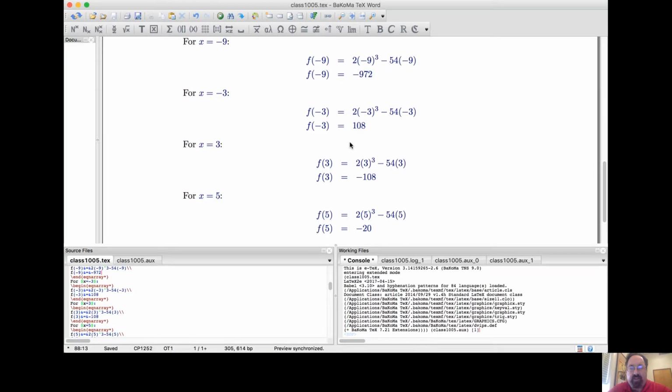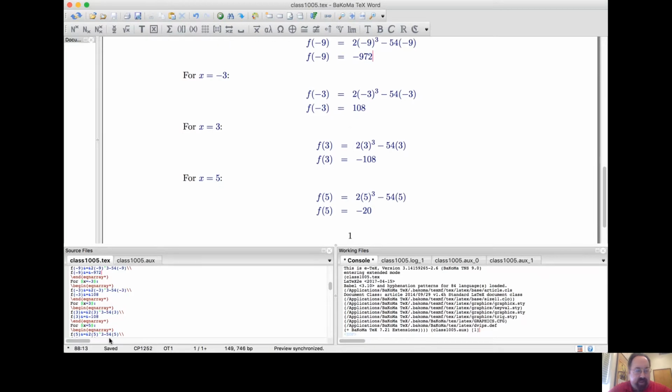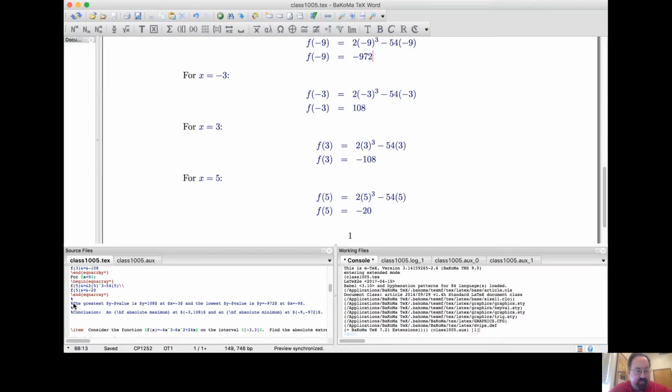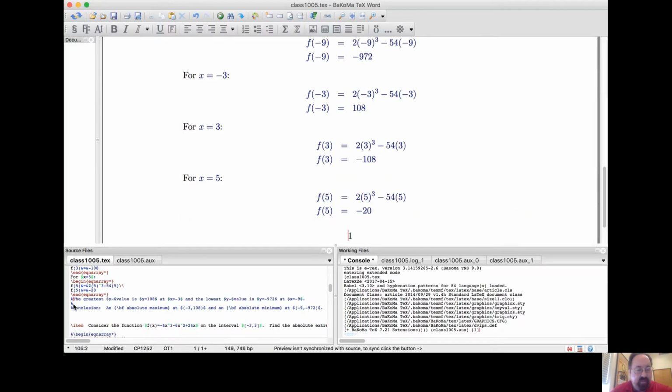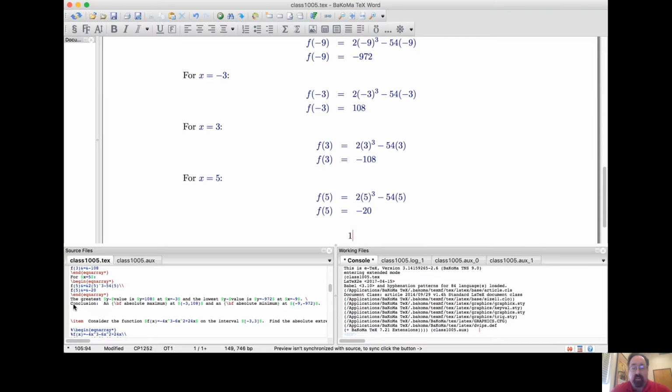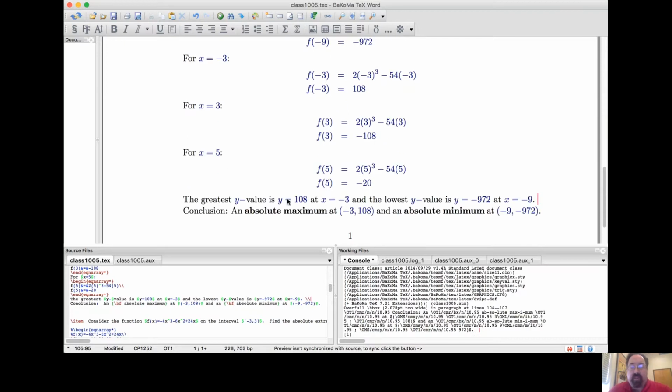So now we can conclude that the absolute maximum is at x equals -3, and the y value is 108. And then the absolute minimum is at x equals -9, and the y value is -972.